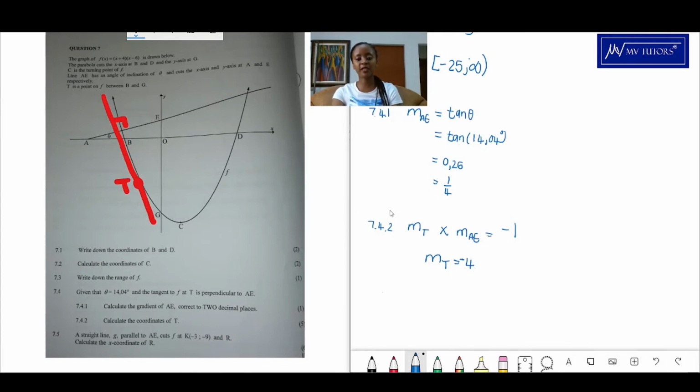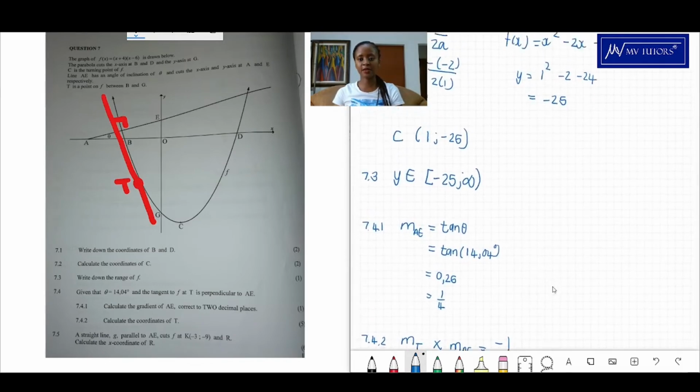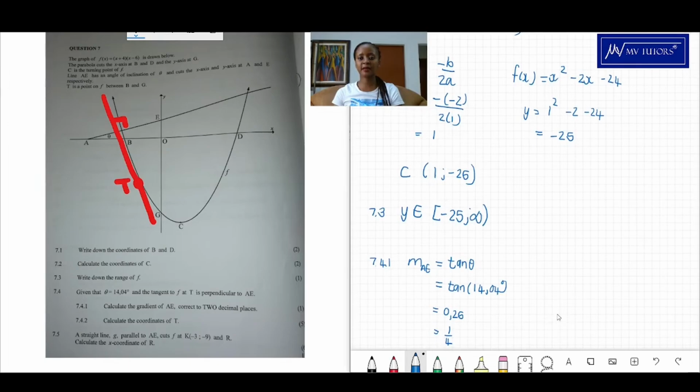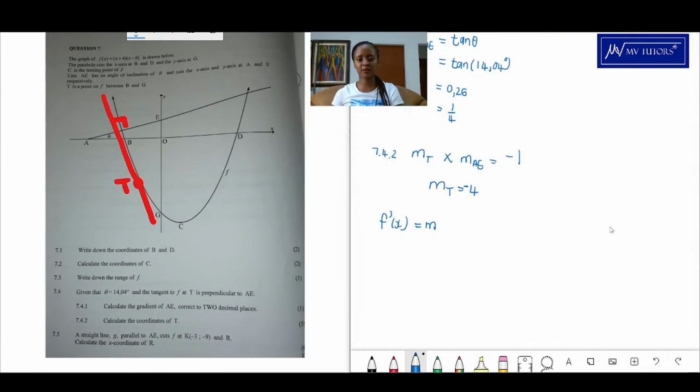Okay, so now after getting this gradient, what do we do? We know that if we take the first derivative, that's equal to the gradient. Our equation was x squared minus 2x minus 24.